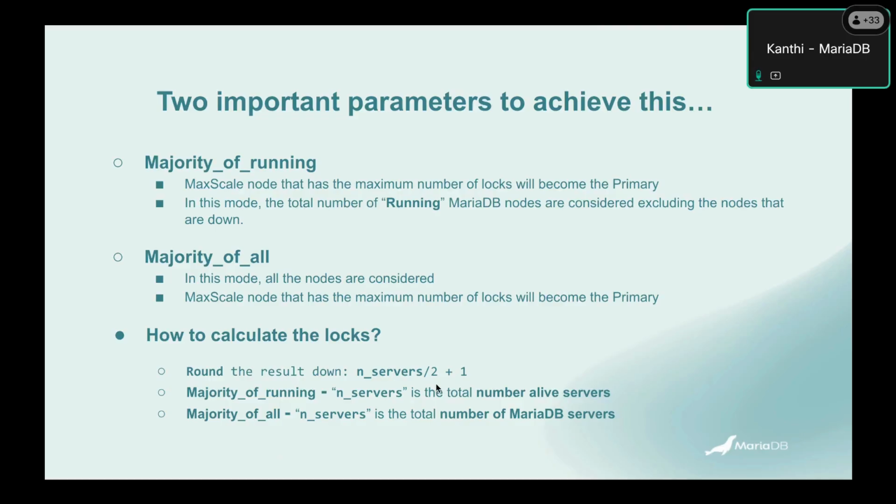Using this formula, every MaxScale will have a certain number of logs allocated to them. Depending on these configurations, you can configure either majority of running or majority of all. I will show you the possible scenarios for each parameter and how MaxScale and the configuration handle that in the next slide.